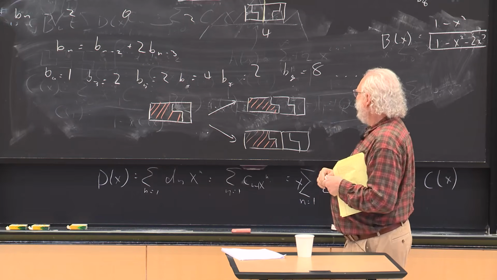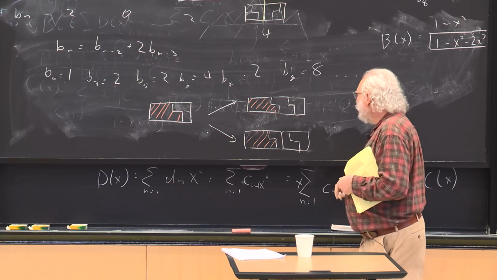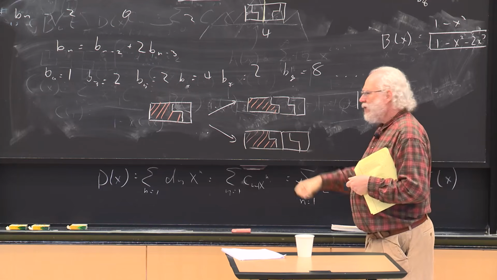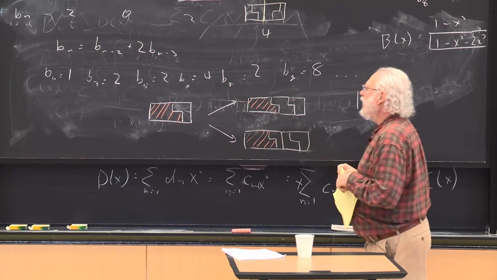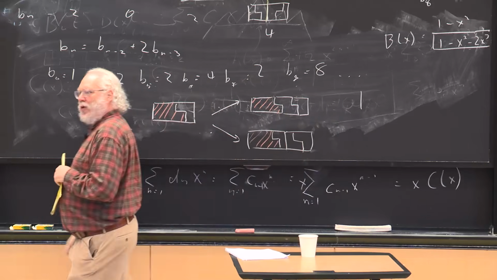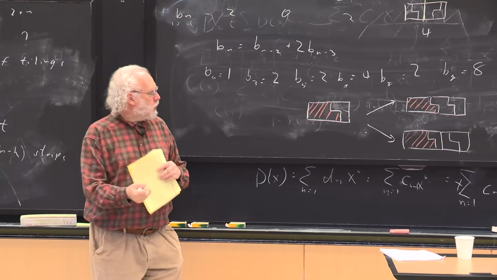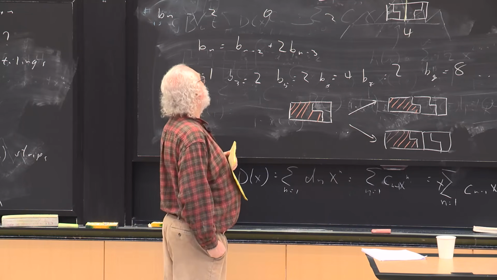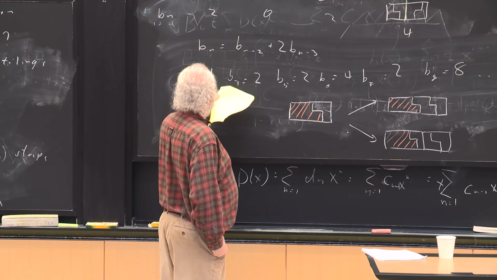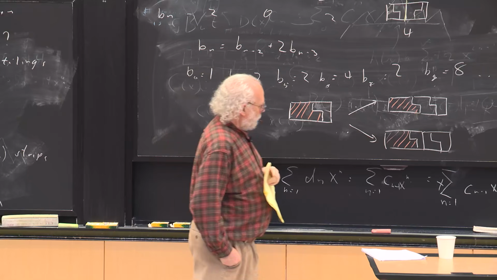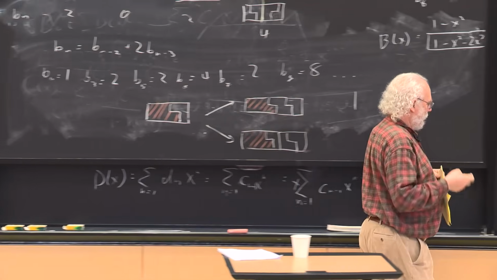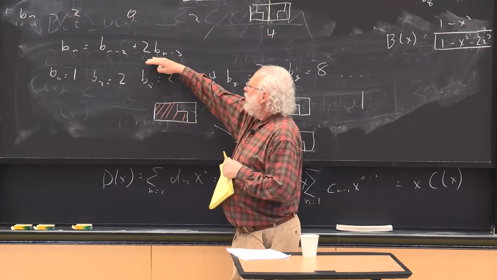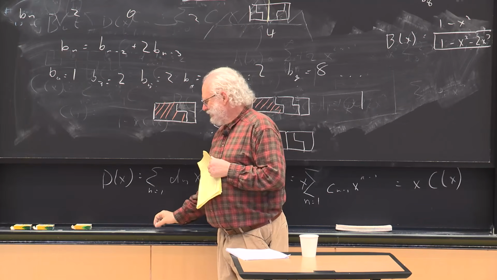And you cannot extend the empty tile in the second way, which explains why b2 is 0 and not 1. So you could have gotten this recurrence without using generating functions.